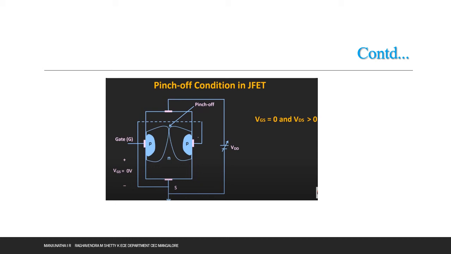On the other side, we are giving a positive voltage from the DC voltage source VDD, which is a variable voltage source, so we can increase the voltage from 0 to any positive value. Here the condition is VGS equal to 0 and VDS greater than 0. So VDS may be 5 volts, 6 volts, 7 volts, and so on.